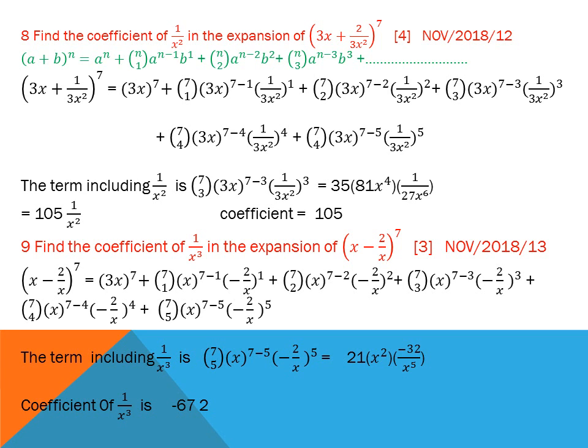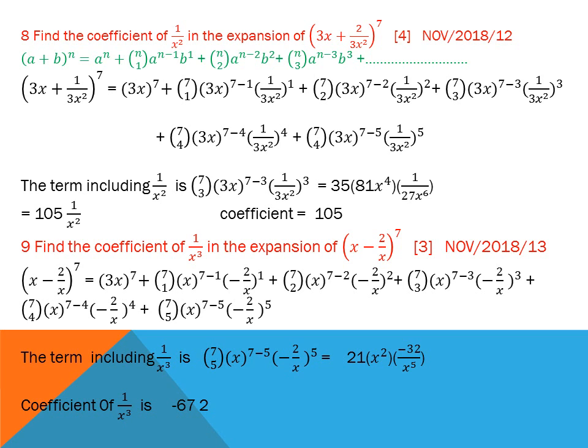In term number 4, 7C3, 3x power 7 minus 3 will become x power 4, and next (1 over 3x square)^3, when I expand this, it will become x power 6. When 4 is cancelled out with 6, I will find 1 over x square. It means 1 over x square is included in term number 4.